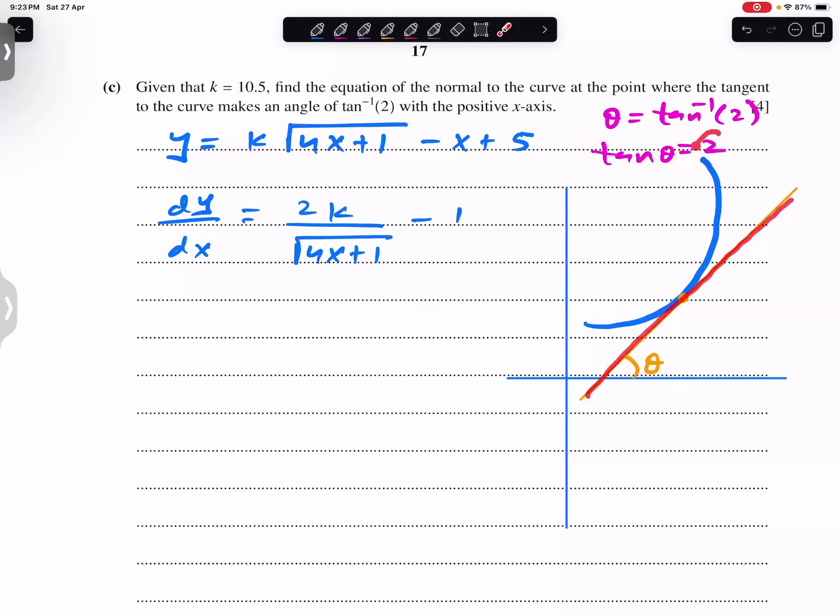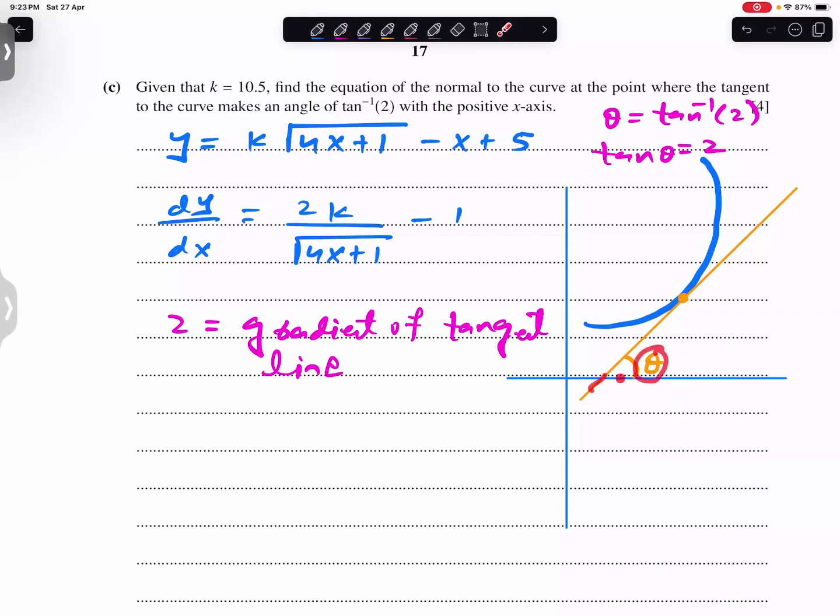So who will tell me what is this 2? 2 is the gradient of the tangent line. Listen again: if a line makes an angle theta with the positive x-axis, then tangent of theta will be the gradient of that line. So this 2 is actually the gradient of this yellow line.